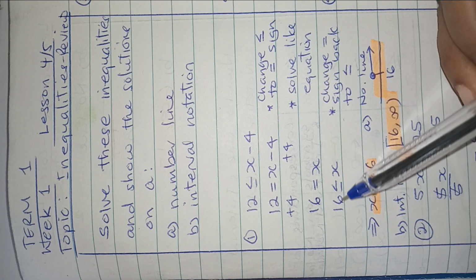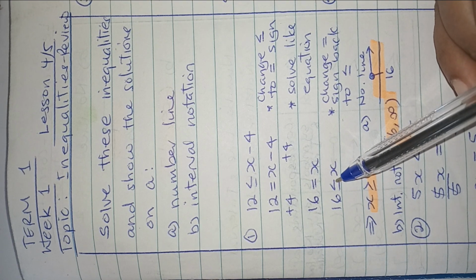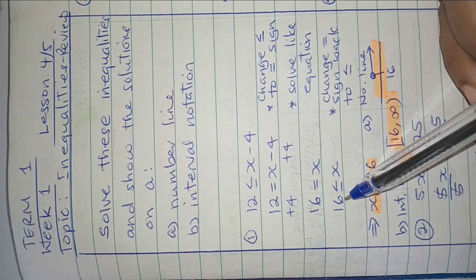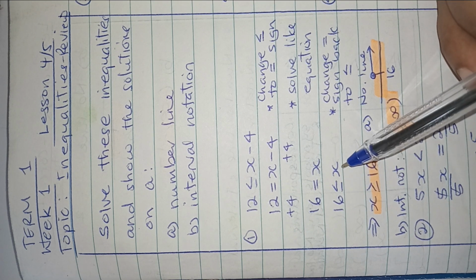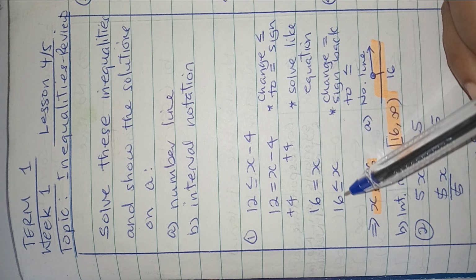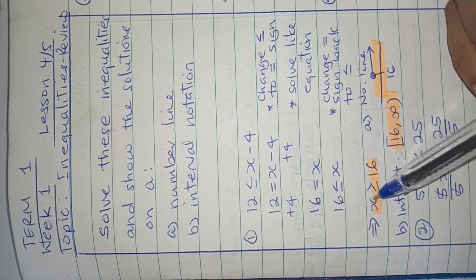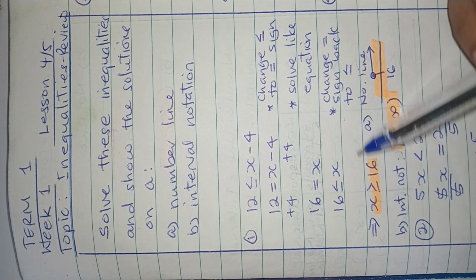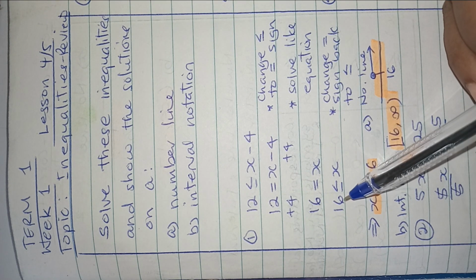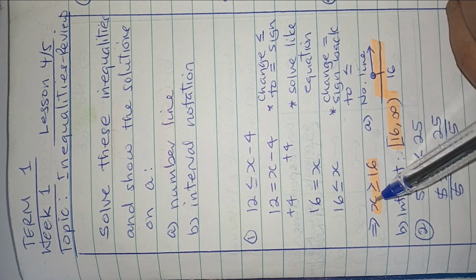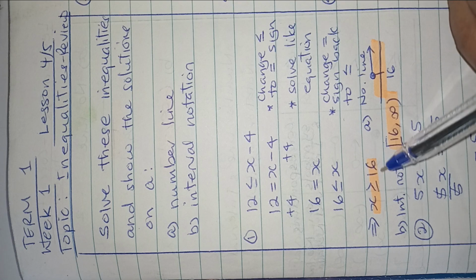It says 16 is less than or equal to x. So 16 is smaller and x is greater, since 16 is less than x. If we put x to this side, then the meaning still says the same. If 16 is less than x, then that means x is greater. So x is greater than or equal to 16.